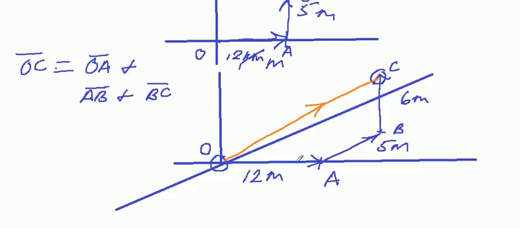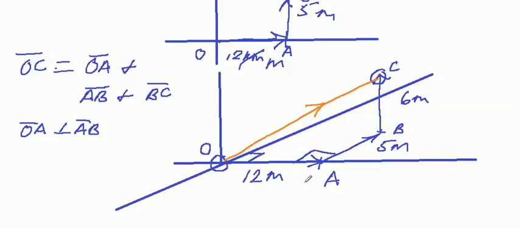If you see, OA and AB are at right angles. OA bar is perpendicular to AB bar, because these are the x axis, y axis and z axis. Now this angle is 90 degrees.